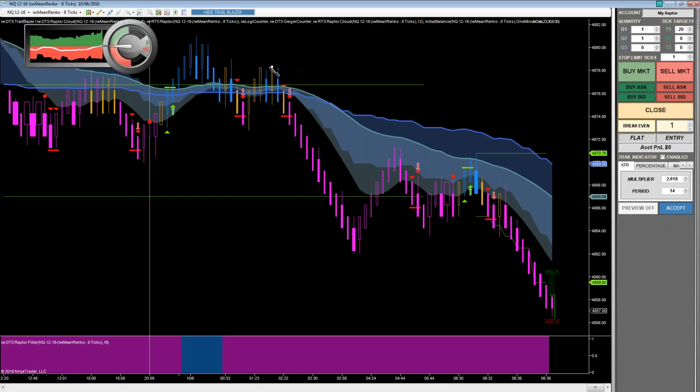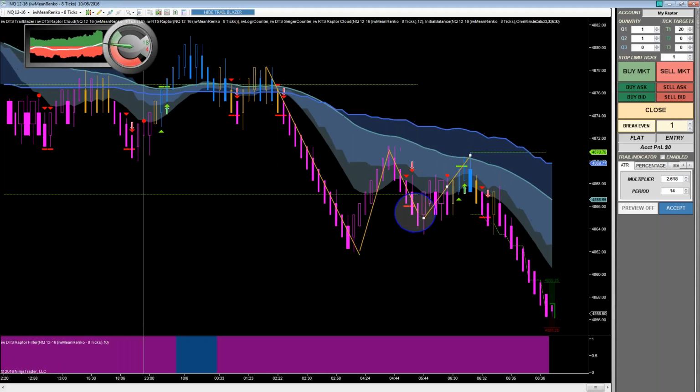What you're looking for is a little bit of a trend, and then the market's going to test the trend. So it does so by going into the cloud, comes out, and it produces a sell signal. It does it again, comes out, produces a second sell signal. That's your double pullback.